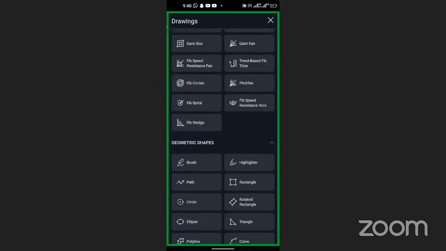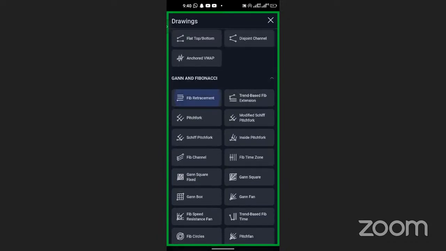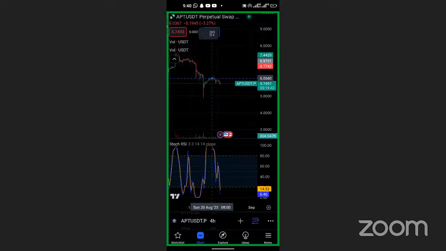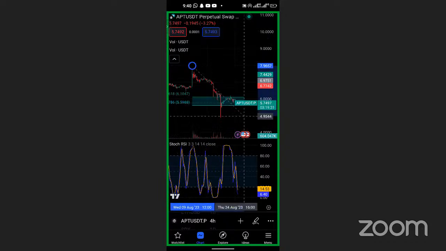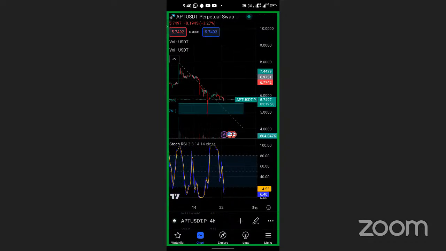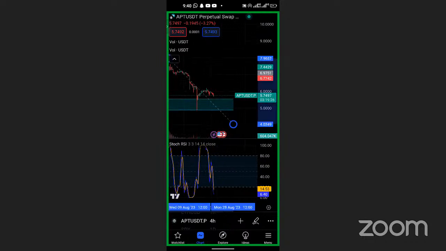You take it from the last resistance to the next support, which is at the bottom here, to prep for a buying position.